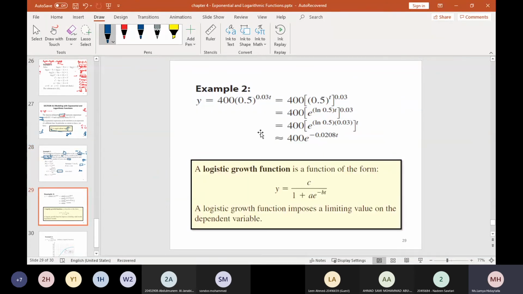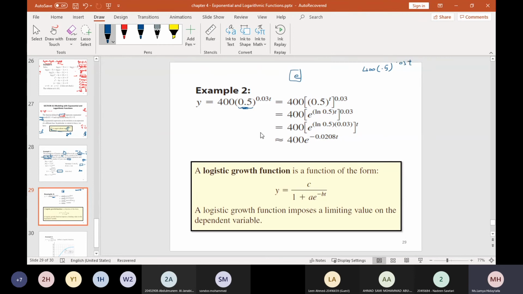But now here he wants to write the same function using the base e. So how can he do that? Instead of the base being 0.5, it should be e. So the problem we had was 400 times 0.5 to the power 0.03t.